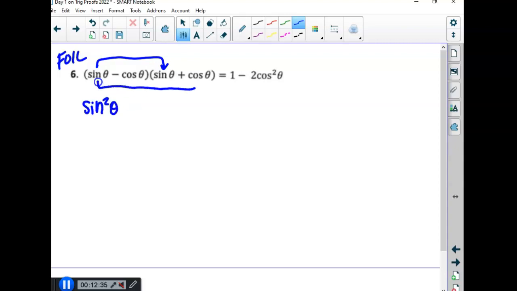And the outside 2 is a plus cosine sine. Then the inside 2 is a negative cosine sine. And you can write it sine cosine or cosine sine, it's the same thing. And then last term times last term, anybody?